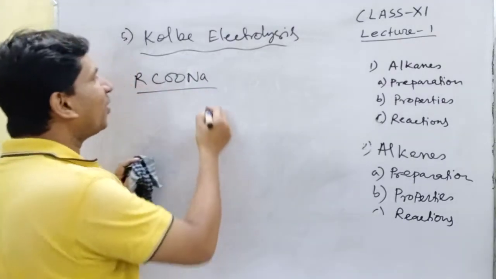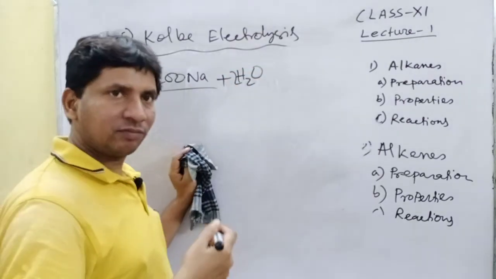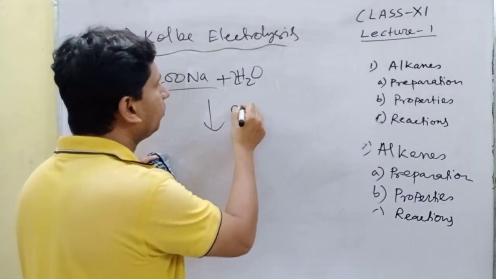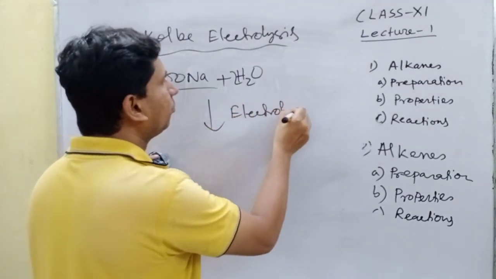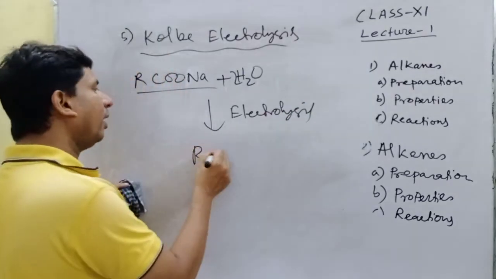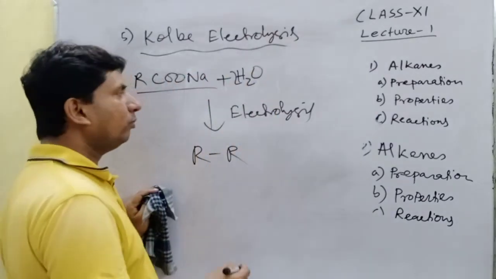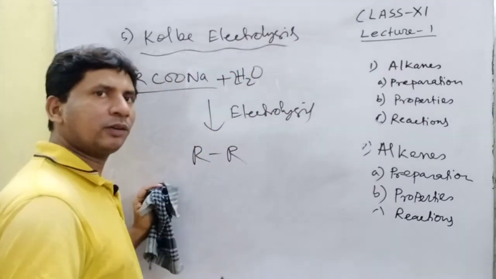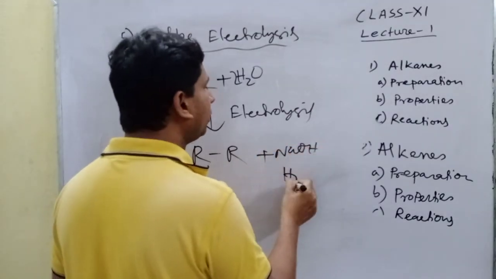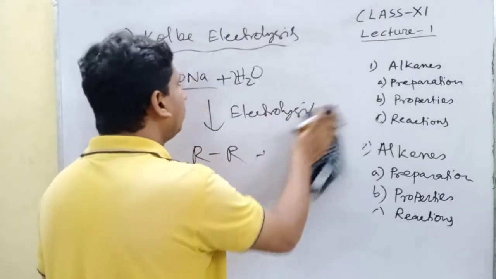From this acid salt, we electrolyze, not hydrolyze, electrolysis. After electrolysis we get R, R, and sodium hydroxide plus hydrogen. So mainly this product is important.